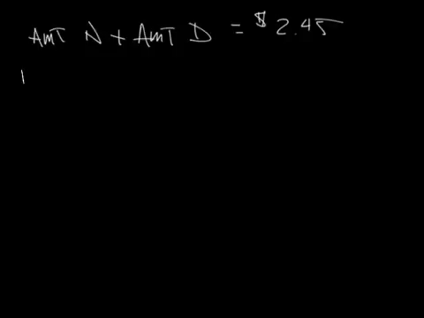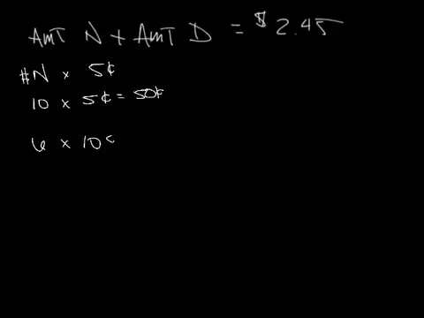So how do we find the amount of nickels? Well, we take the number of nickels and we multiply that times how much a nickel is worth, 5 cents. So if we have 10 nickels times 5 cents, that means we have 50 cents worth of nickels, right? It's the same with dimes. If we have 6 dimes, we multiply the value of the dime and we get 60 cents.